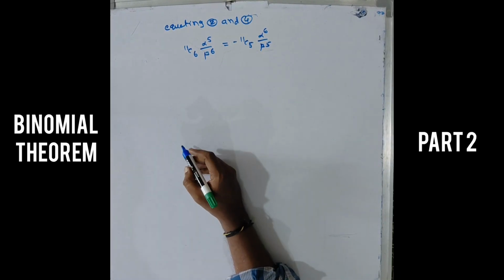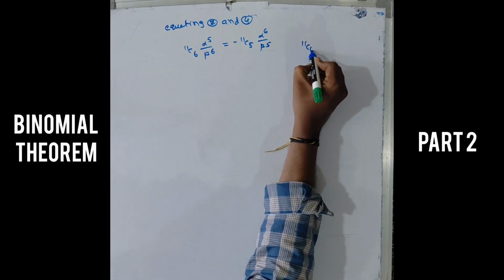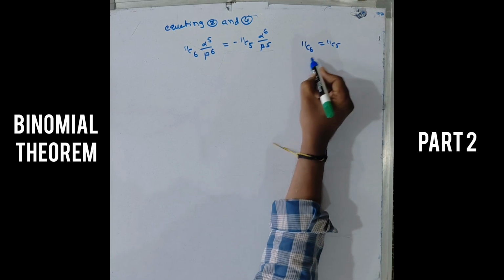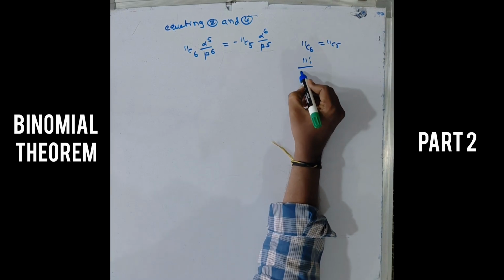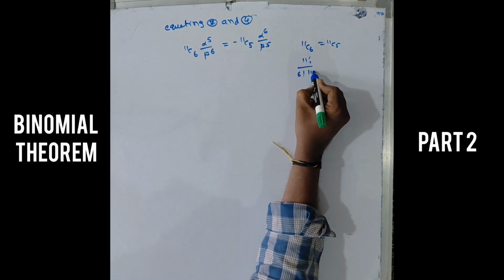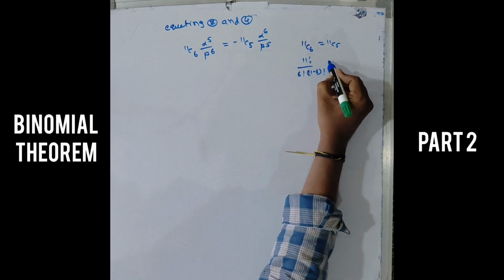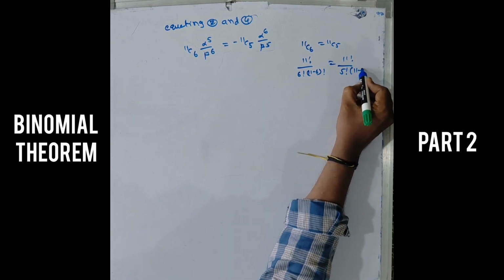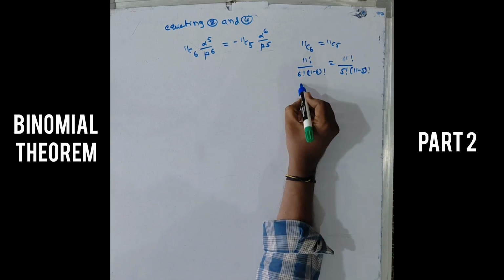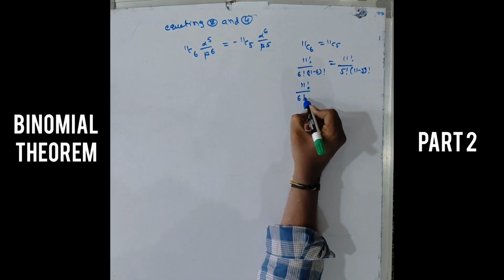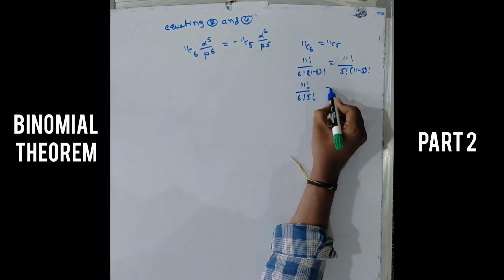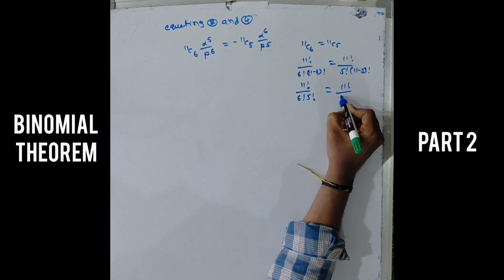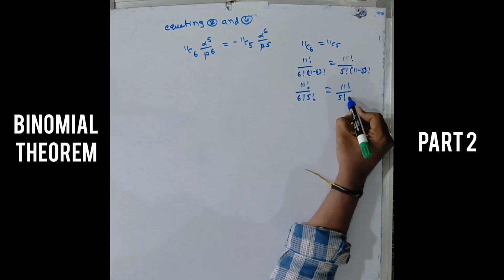Okay, 11C6 is equal to 11C5. 11 factorial by 6 factorial into 11 minus 6 factorial; 11 factorial by 5 factorial into 11 minus 5 factorial. 11 factorial by 6 factorial into 5 factorial; 11 factorial by 5 factorial into 6 factorial.